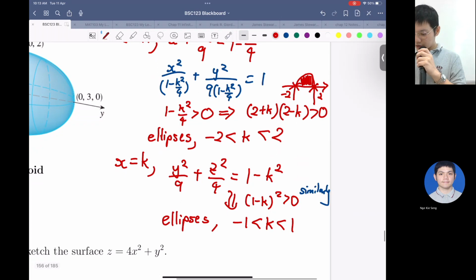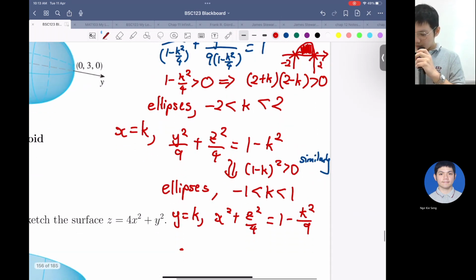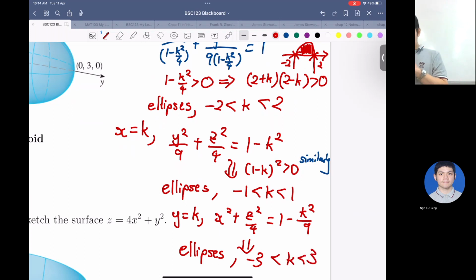Then you do the same for y equals k, and you get an ellipse again. So 4 equals 1 minus x squared over 9, and if you do a similar trick again, you get -3 to 3.